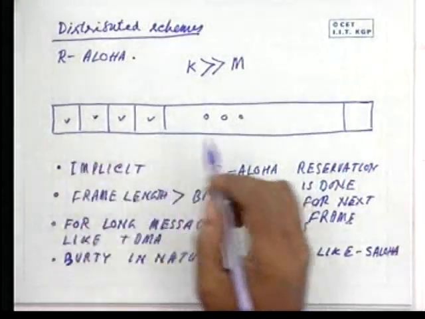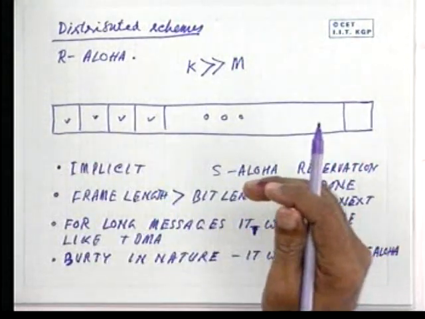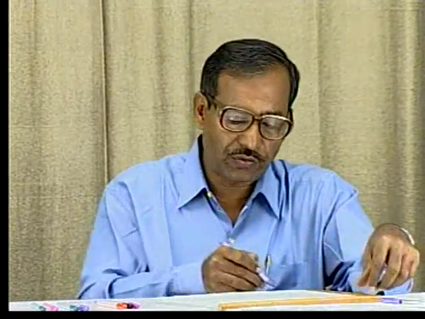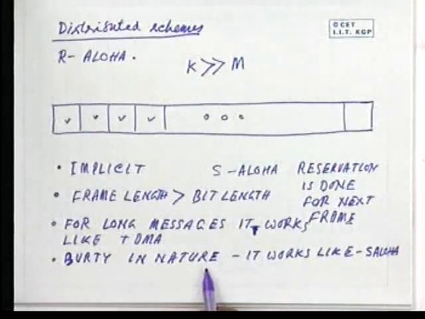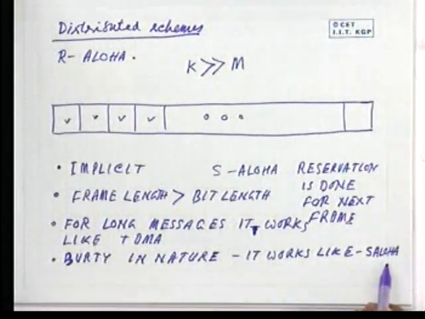In slotted Aloha, we have seen that different slots are used by different stations, one after the other. No slot is booked by any station. So whenever the traffic is bursty in nature, it works like S Aloha.